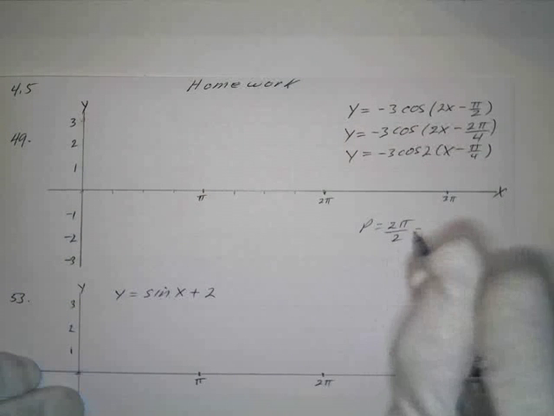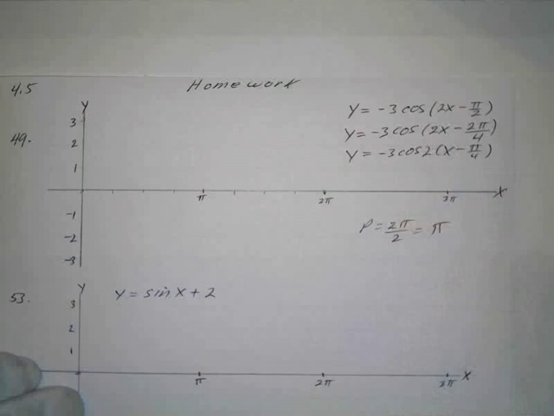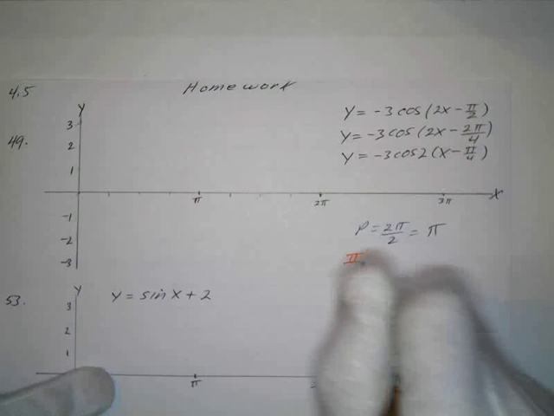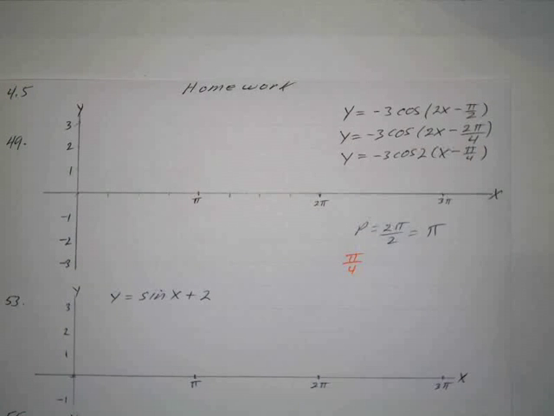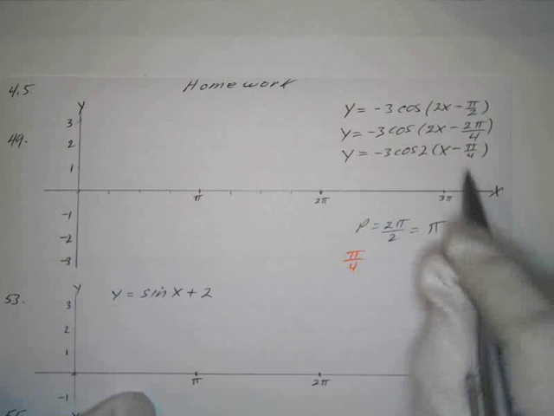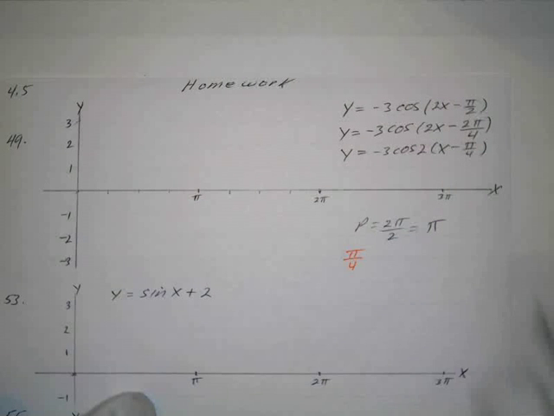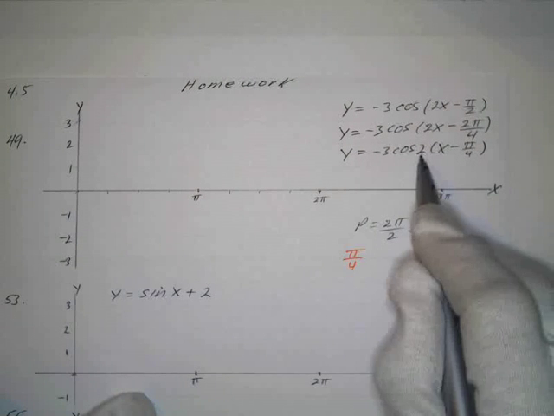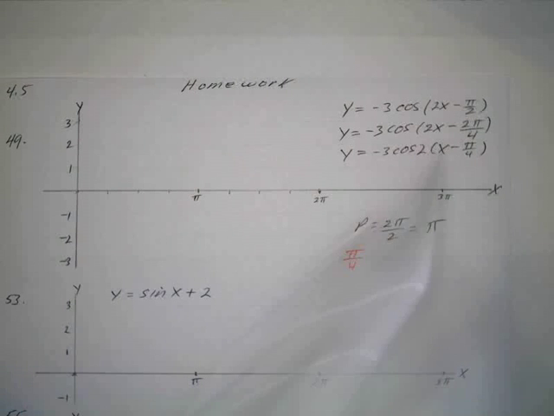This is my b, 2, so my period is pi. And I know my subdivisions are just going to be the period divided by 4, so pi over 4 will be the length of each of my 4 subintervals. And what's the shift? The shift is to the right, pi over 4. So now when it's in this form, I can see the shift, I have a way of finding the period, and I can see the amplitude.